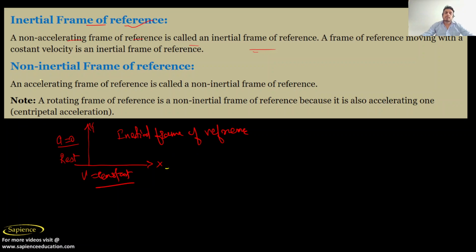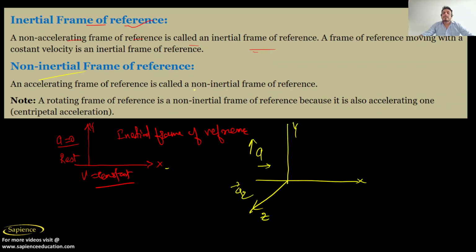Okay, another is your non-inertial frame of reference. So you are taking a reference of x-axis, y-axis and z-axis, but this whole reference is moving, accelerating in upward direction or accelerating in x direction, or in z direction, anywhere or any direction, then this type of frame of reference is called non-inertial frame of reference. A rotating frame of reference is known as non-inertial frame.